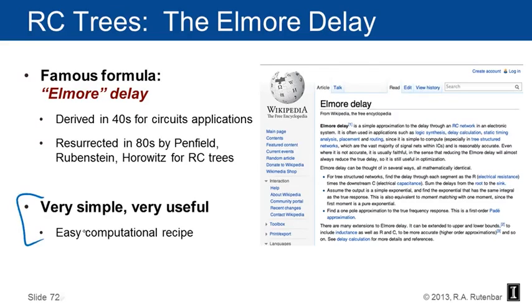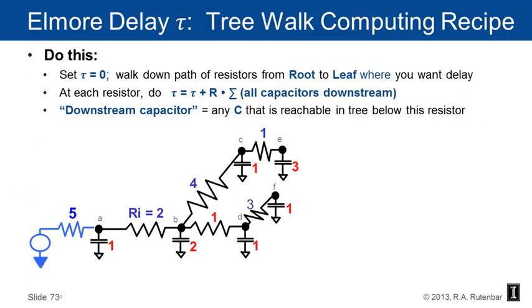For our purposes, what's wonderful is that it's very simple and very useful, and it has a very easy computational recipe. So here's the tree again, and I've got the input driving gate modeled by the resistor with the 5 on it, and I've also got the 2 capacitors at nodes E and F at the output added.